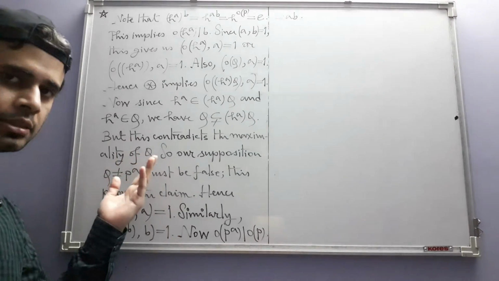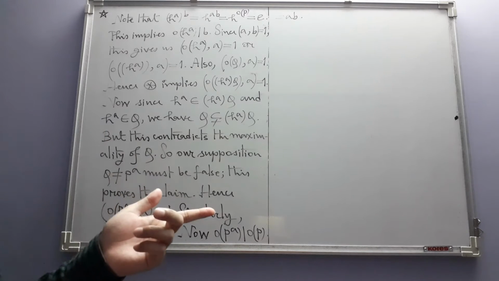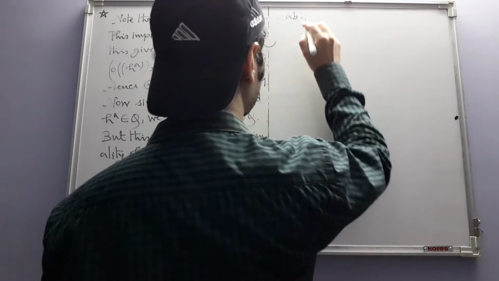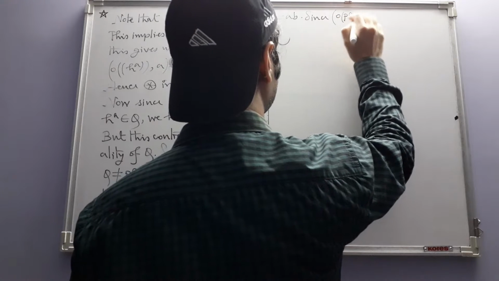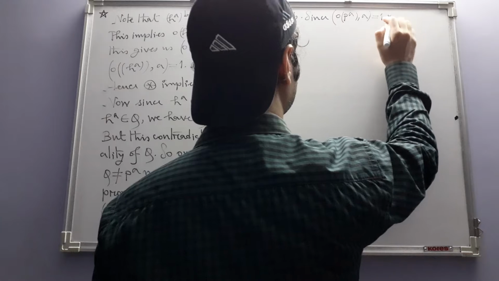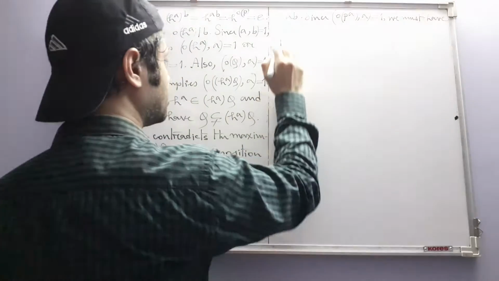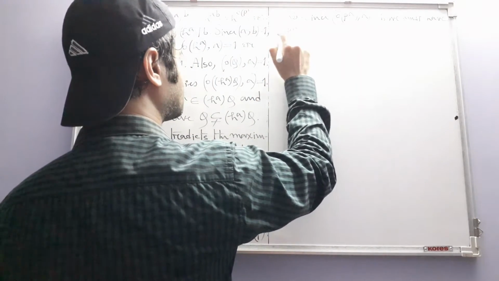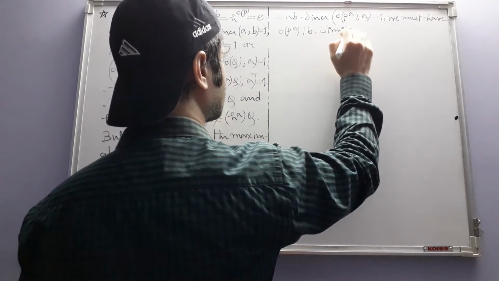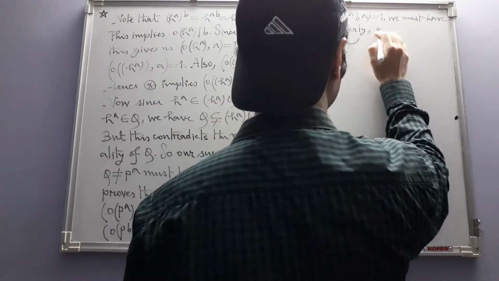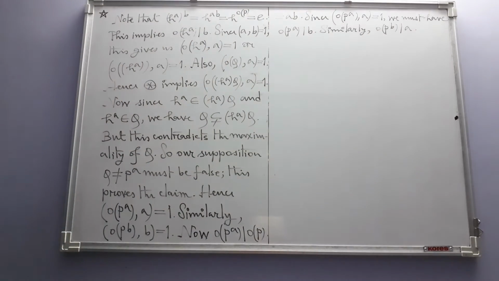So by a previous result from section 1.3, we conclude that order of PA must divide B. Similarly, order of PB must divide A. Okay.